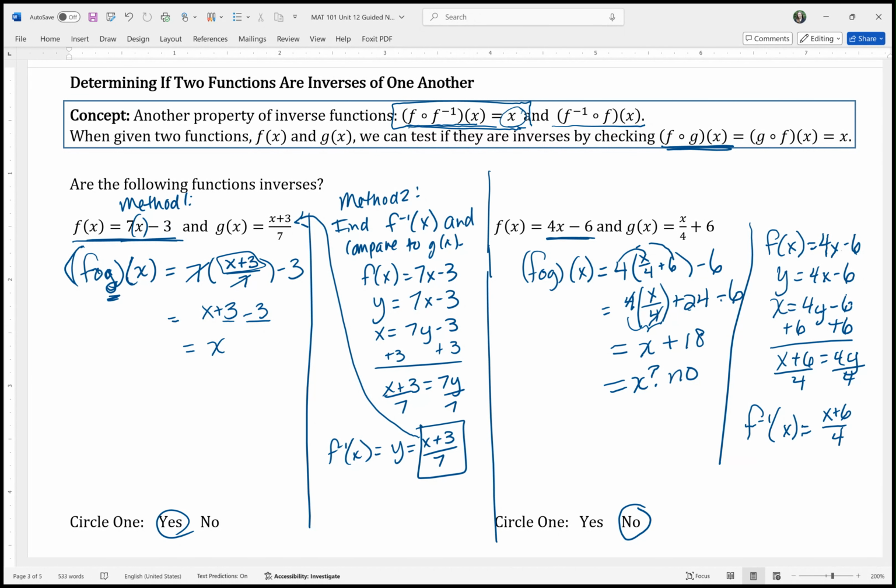Now, if it's difficult to see, separate this into two fractions, x over 4 plus 6 over 4, and now it's easier to see that the x over 4 is the same, but the original function's inverse has 6 over 4, while g of x is just 6. So those are not identical, and therefore these two are not inverses of each other.